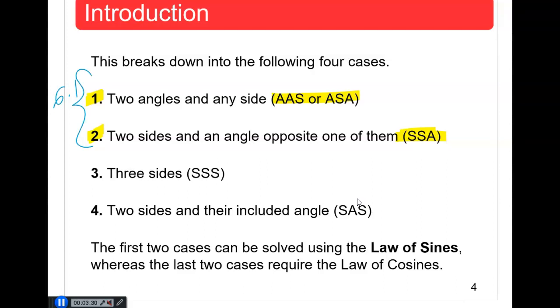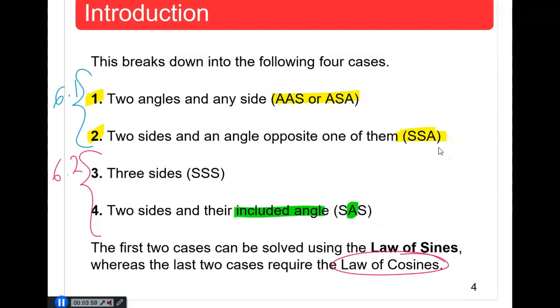Now, when we get to section 6.2, that will be the law of cosines, like you could see here. And with that law, we are able to solve triangles of this form when you are given three sides and you have to find the three angles. Or you are given two sides and the angle in between the two sides, which is referred to as the included angle.